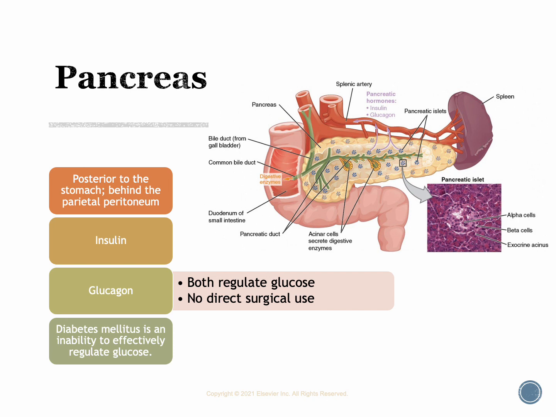And there's 2 types. There's type 1 and type 2. Type 1 is typically seen in children, and it results typically from an insulin deficiency. There's something wrong with the pancreas, and it cannot secrete insulin like it should.